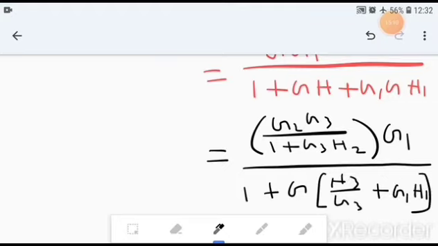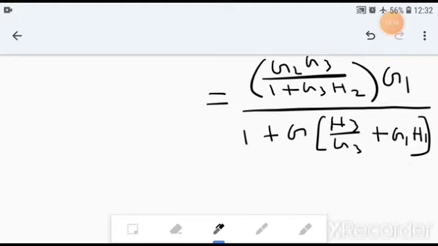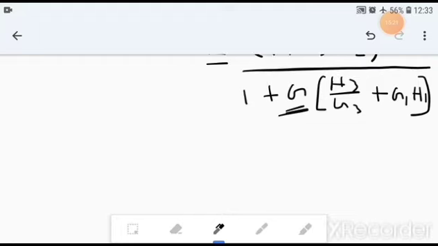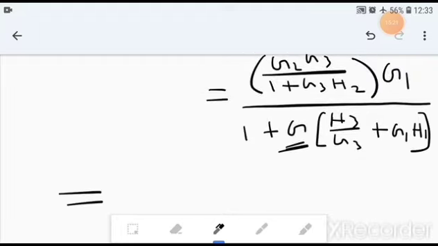Now in place of G, here also in the denominator we will be substituting G is nothing but this one, G2 G3 by 1 plus G3 H2. So that will be another step we can write.